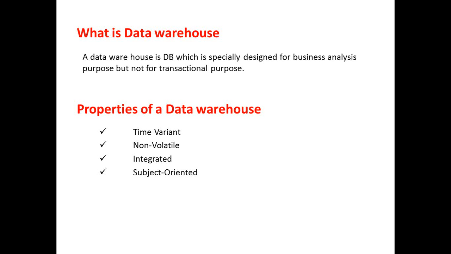Okay, and coming to the properties, there are basically 4 properties. I think you might already be aware: time variant, non-volatile, integrated, and subject-oriented. I'm not going into detail. If you pick any one, like subject-oriented, what does subject-oriented mean? It means it supports the subject-oriented concept, so we can maintain specific subject-related data in a specific data warehouse.